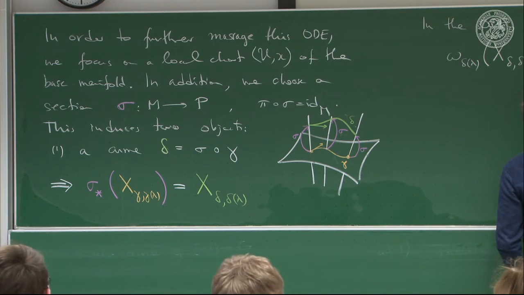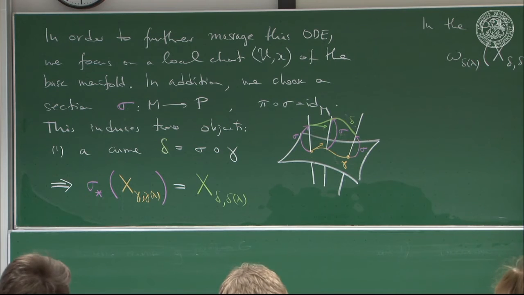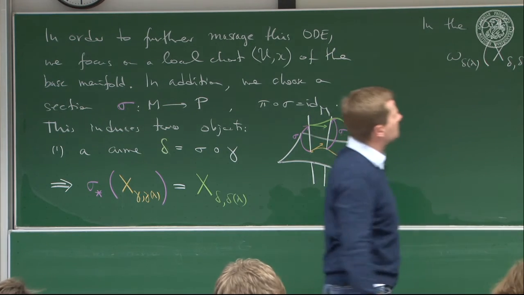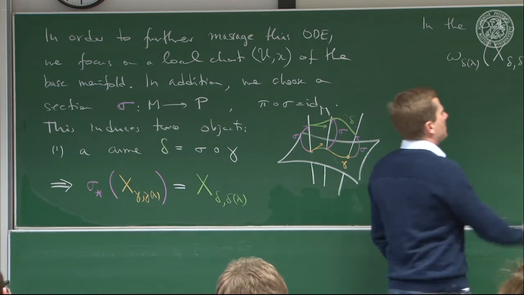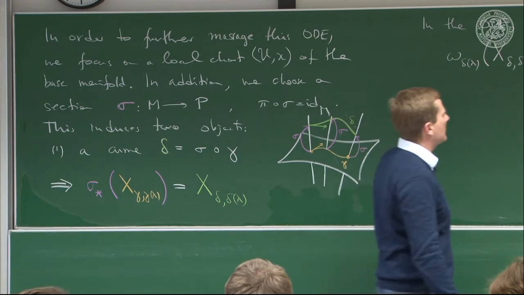And we can write this as the push forward under sigma of the tangent vector to the curve gamma at this point. This is what I just wrote down here. Agree? But what is omega evaluated on this sigma star?